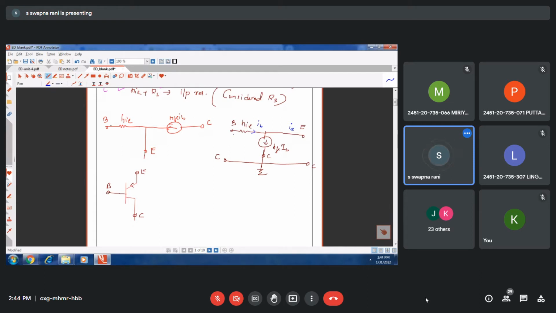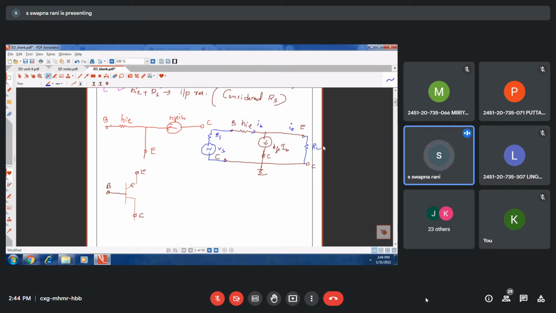Now for this common collector, if I add a voltage source here, and a load here, then it's going to be the common collector amplifier.